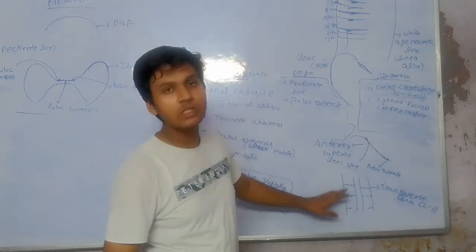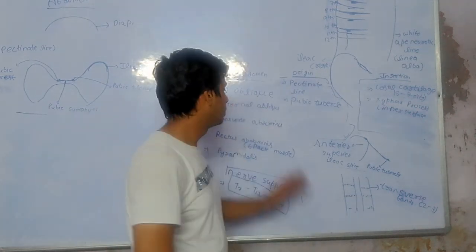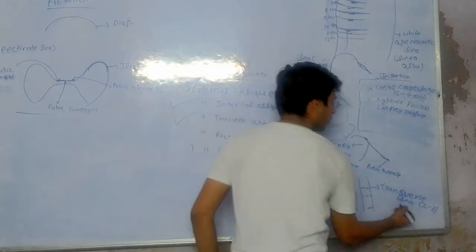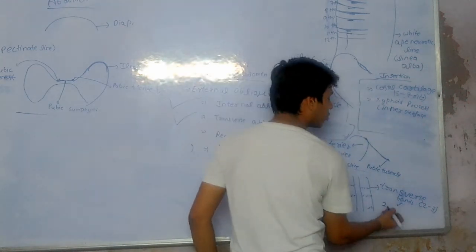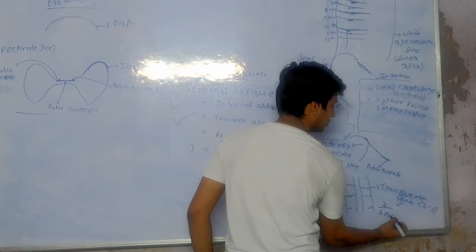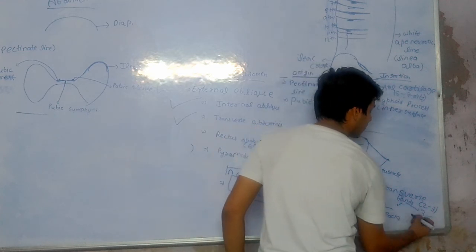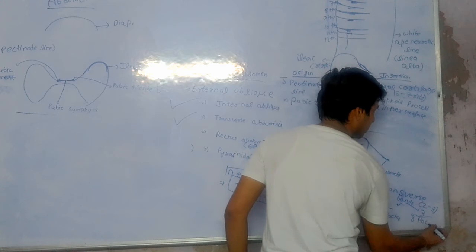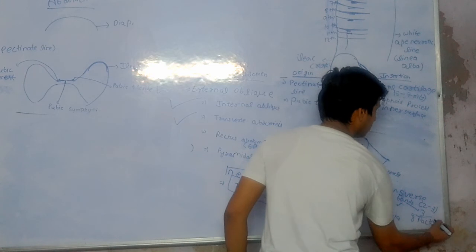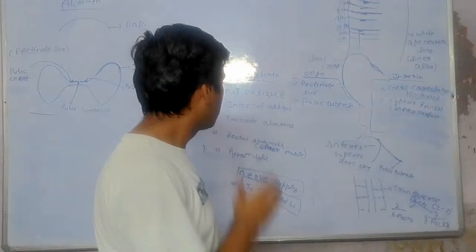Mostly 6 packs are present, not 8, because the third is not complete. Remember, 2 bands give 6 packs, 3 bands give 8 packs. Done. These are the origin and insertion.